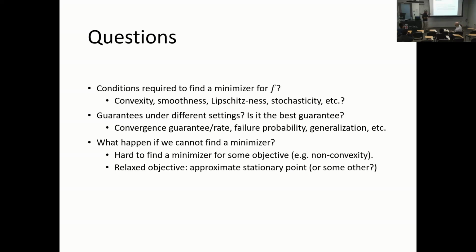Or you could have some other notion of stationarity. If you have access to the second order derivative, you may want the second derivative to be close to 0, or some other higher order notions. These are also considered by a lot of people.